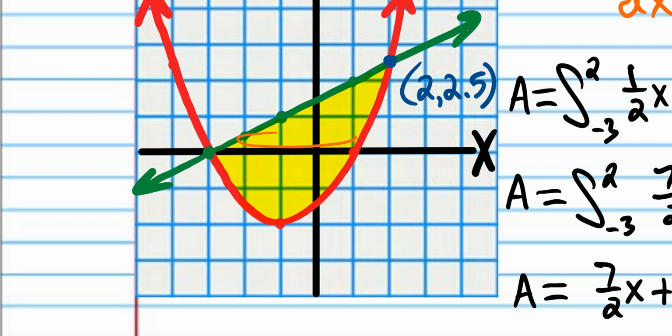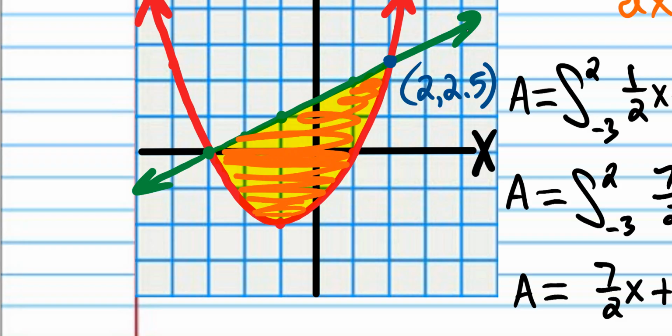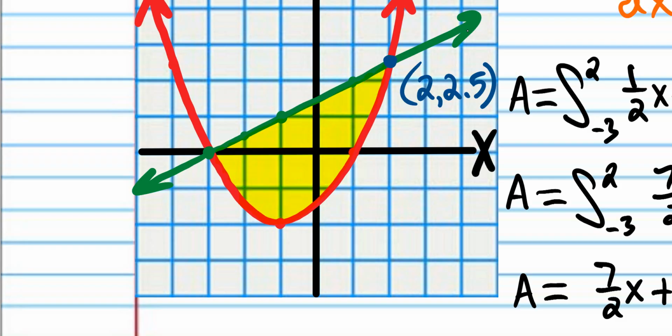But when you get over here, in order to calculate the height of each rectangle, for example this rectangle here, now you're using the red graph over here, but then when you subtract the x value of the green graph, obviously you're using a different function. You're not using just the parabola. You're using the parabola and the line. So you can't calculate this area using just one dy integral. You have to use two dy integrals.